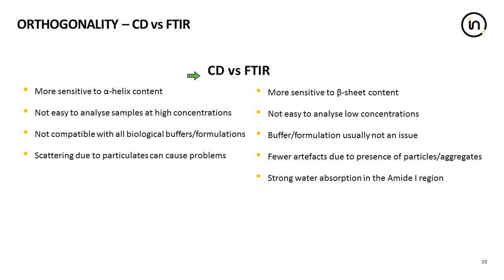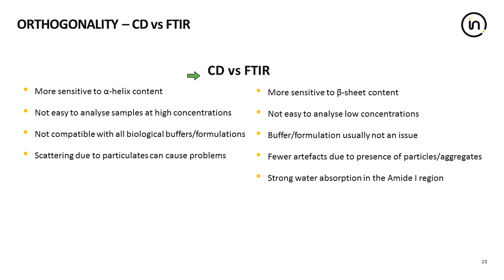The limitation of CD is also if the sample is very concentrated, it's not possible every single time, because beyond a certain concentration, it's not possible. But FTIR, on the other hand, struggles with low concentration of samples.